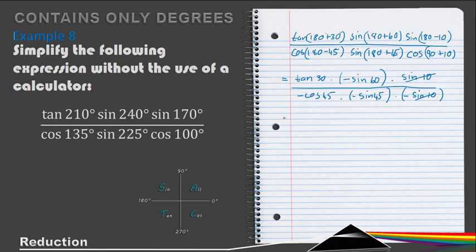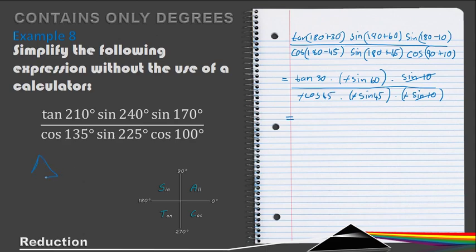And then just to sort out the signs, we've got a negative and a negative over here that can become positive, and then we've got this negative and negative. If I divide them, they become a positive. So all the signs basically cancel out, and now we just need to use our triangle.